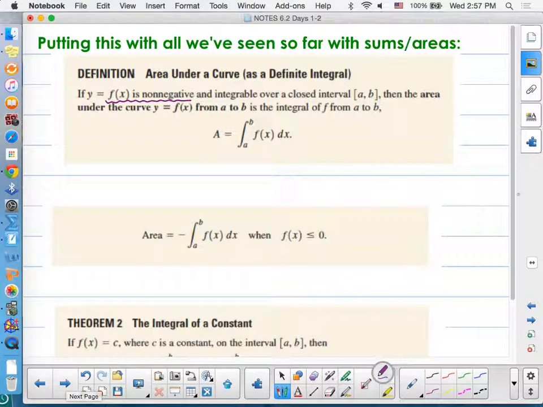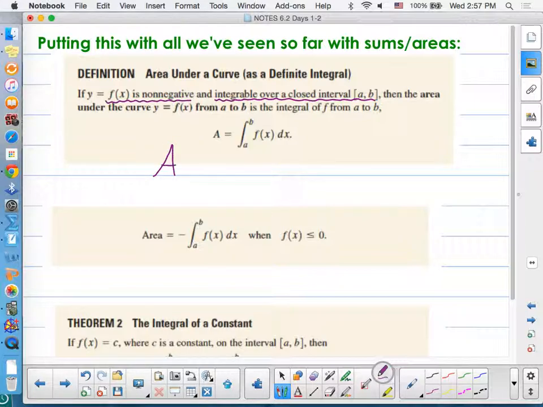So therefore, if it's not negative, and if we are able to integrate it over a closed interval, meaning we can do Riemann sums and come to that limit, then the area under the curve is represented as this definite integral. The actual area then is the same value as the integral.